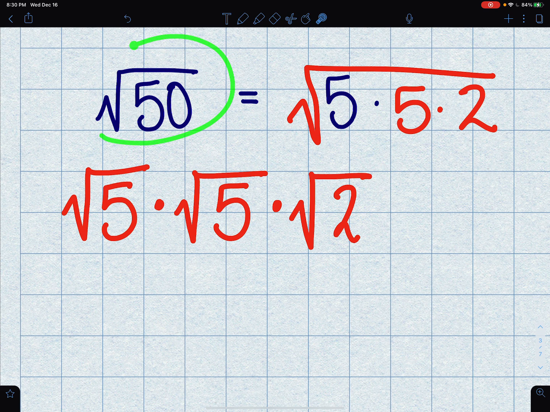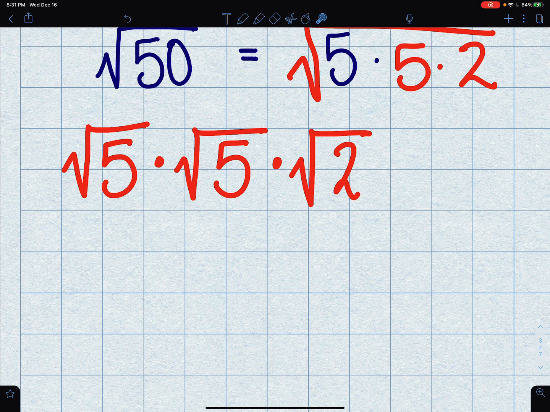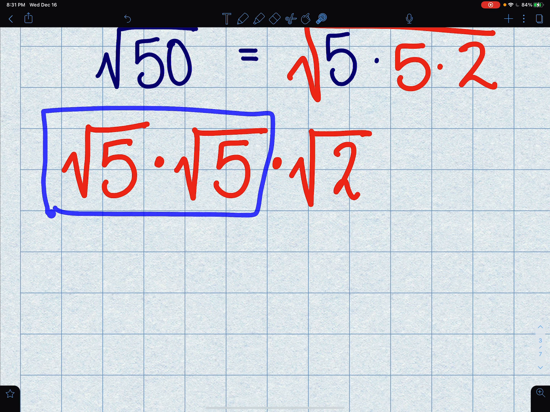Get it? So this is the same as this because the product of the roots is the roots of the product, right? So then we've got the roots of all the prime factors, okay? So then we can simplify it further because remember that this part here is the definition of a square root.